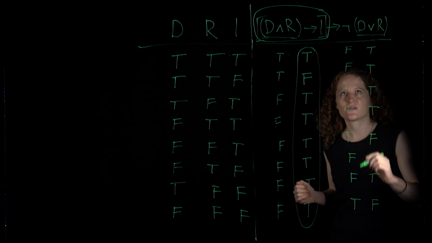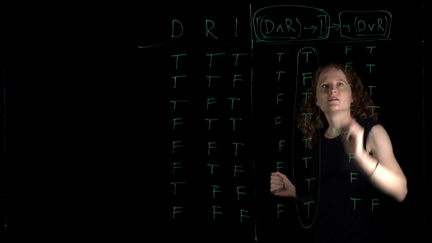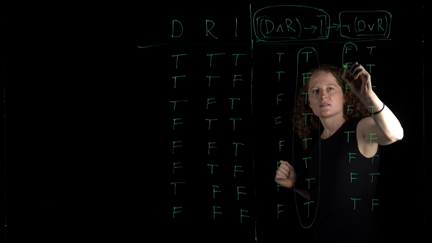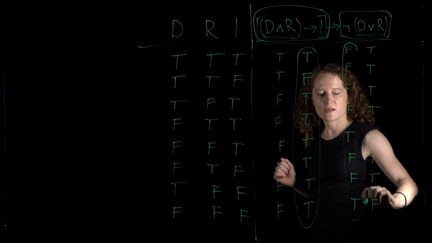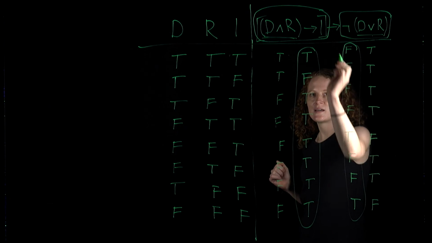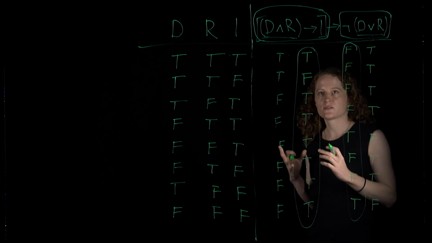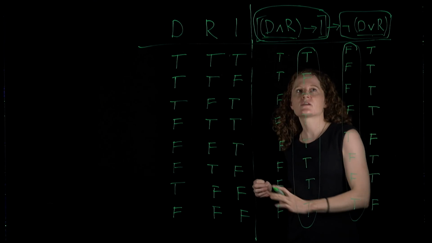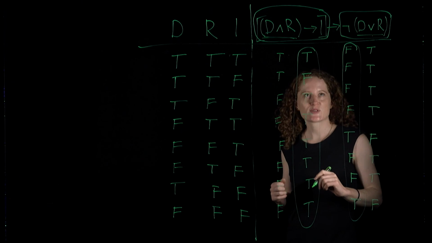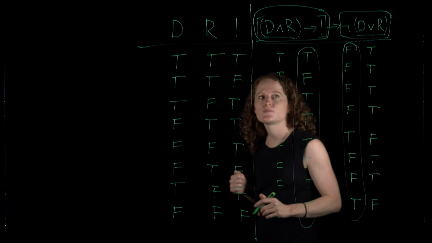Now the consequent of the conditional is this complex sentence here, and the main connective of that sentence is the negation sign. So that means that I also need to look at this column here. The first column that I circled represents the possible truth values of the antecedent of the conditional, and the second column that I circled represents the possible truth values of the consequent of the conditional.